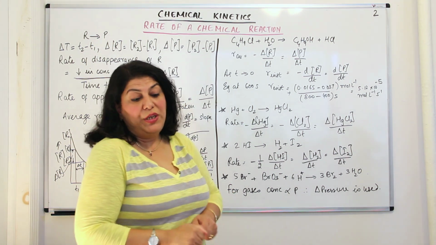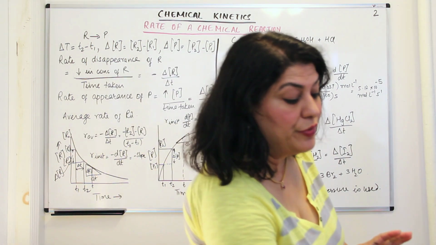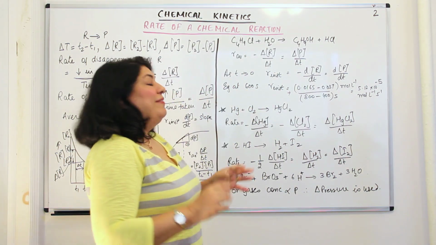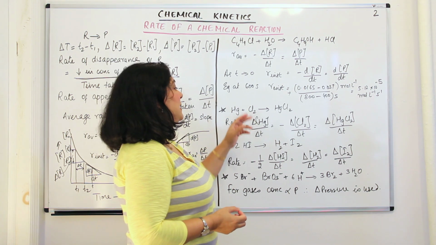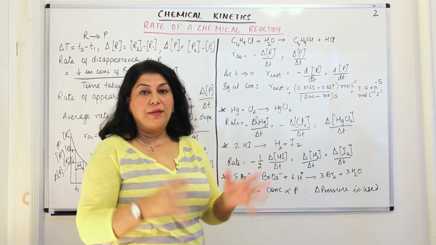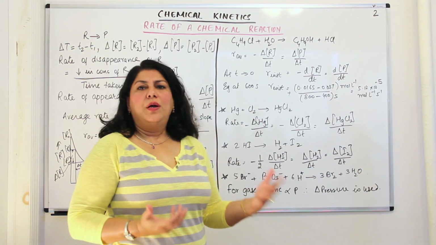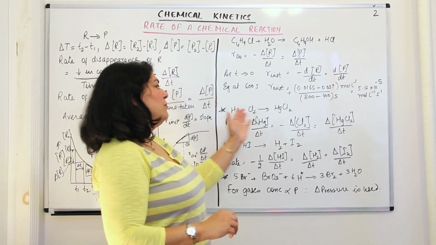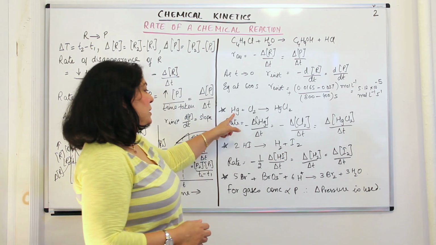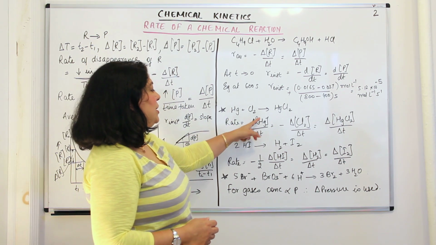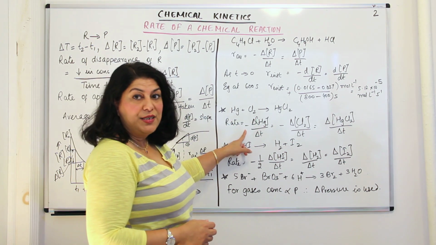Now, there is one more thing to understand when you're talking of the rates of reactions. Take the equation Hg plus Cl2 gives you HgCl2. How would you write down the rate of the reaction in terms of each reactant and each product? In terms of mercury, rate would be the change in the concentration of mercury. It will be a negative value. Why?